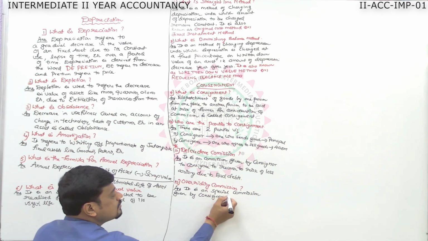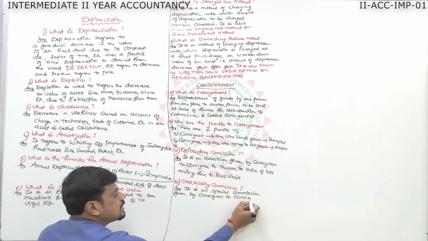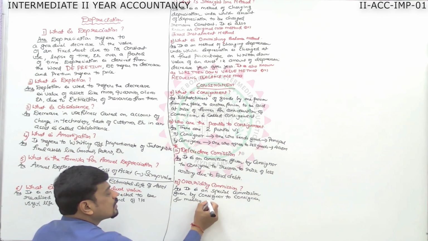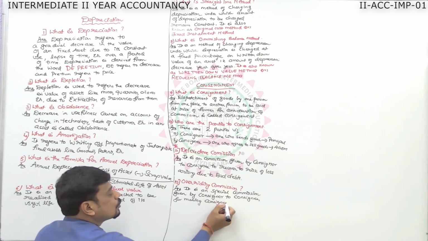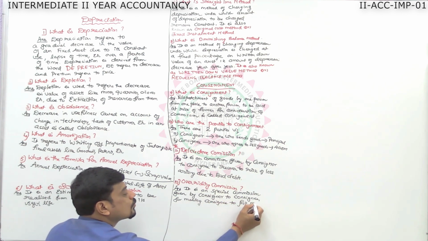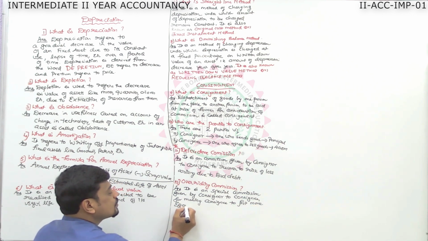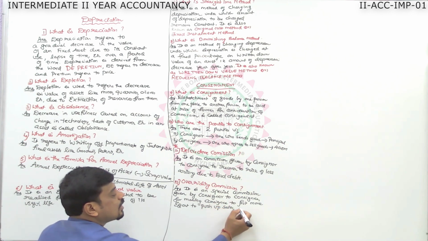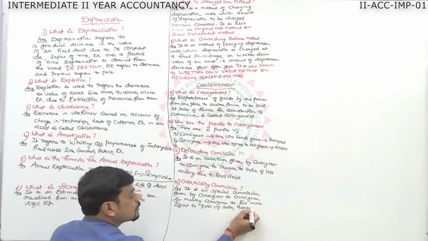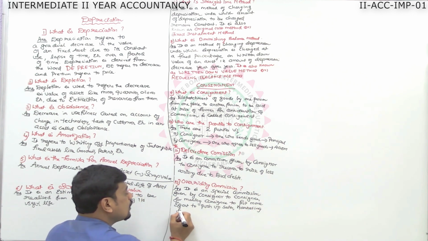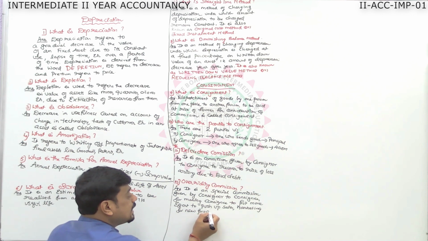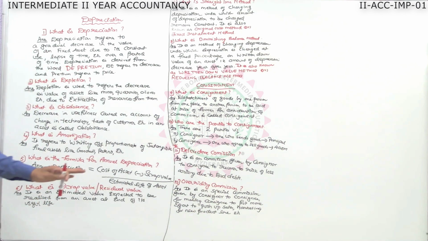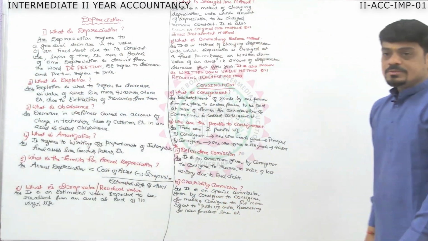Given by consignor to consignee for making the consignee put more effort to push up sales, marketing for a new product line, etc. Like this, you can write the answer for overriding commission.